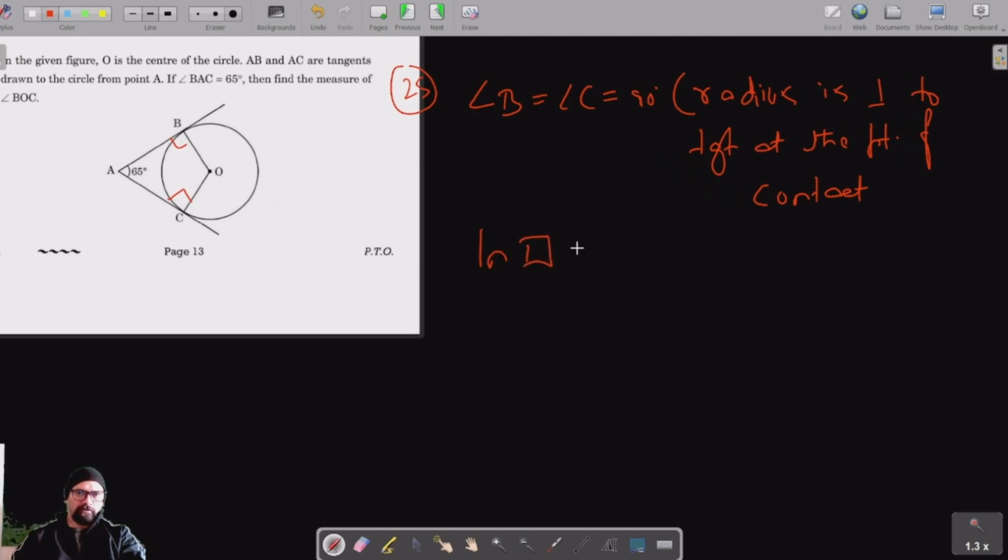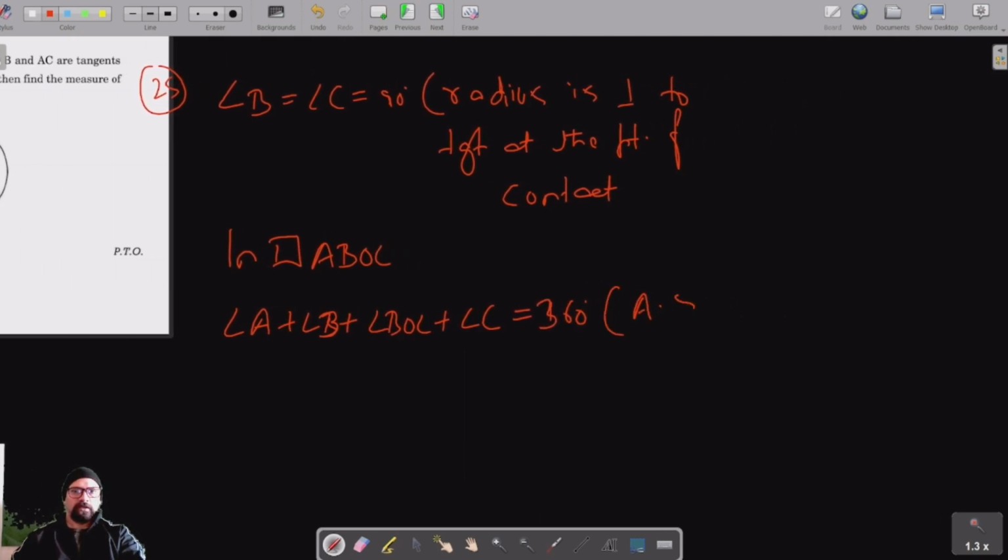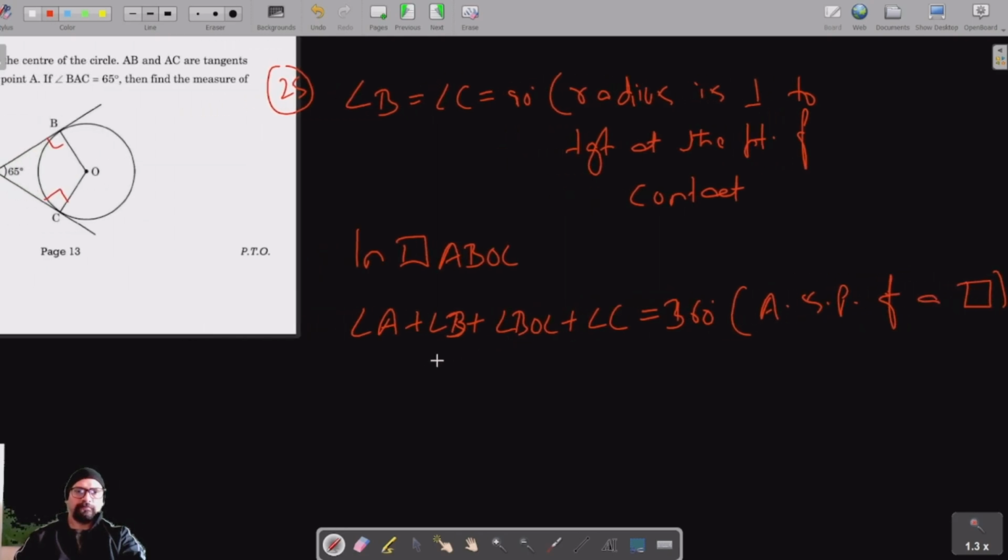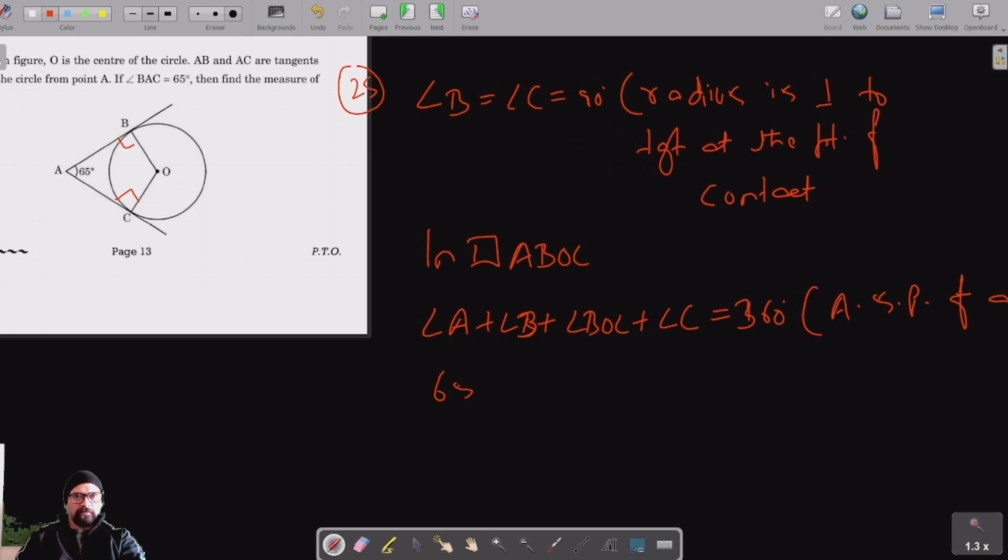Now let's use the angle sum property in quadrilateral ABOC. Angle A plus angle B plus angle BOC plus angle C is equal to 360 degrees, because of the angle sum property of a quadrilateral. Now angle A is 65 degrees, angle B is 90, angle BOC we have to find out, angle C is 90.